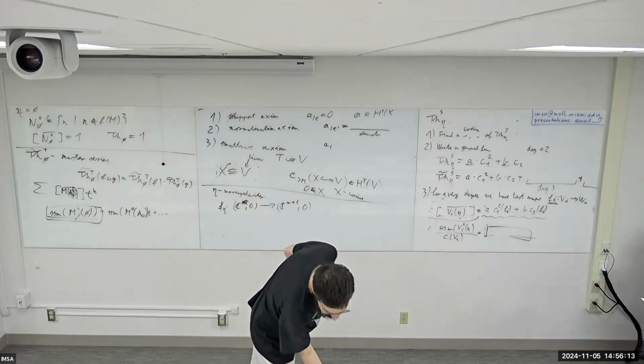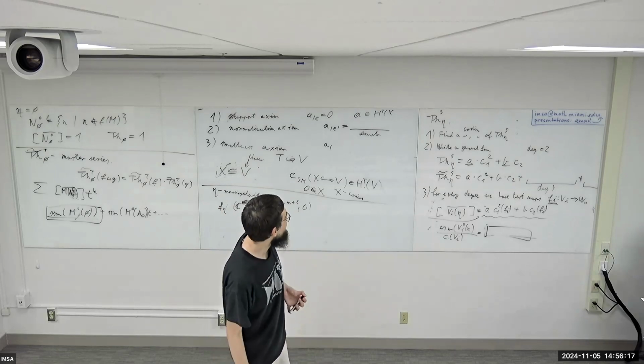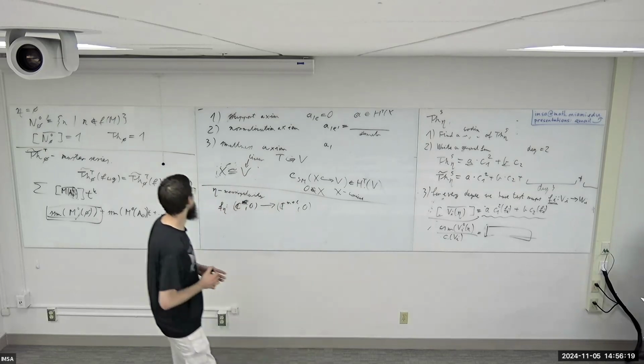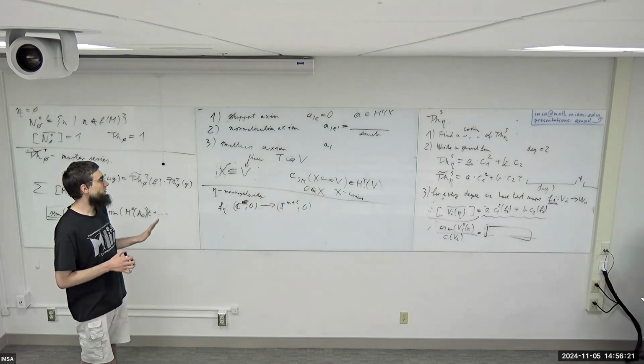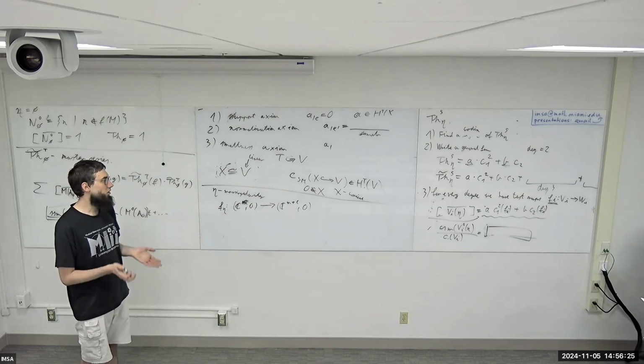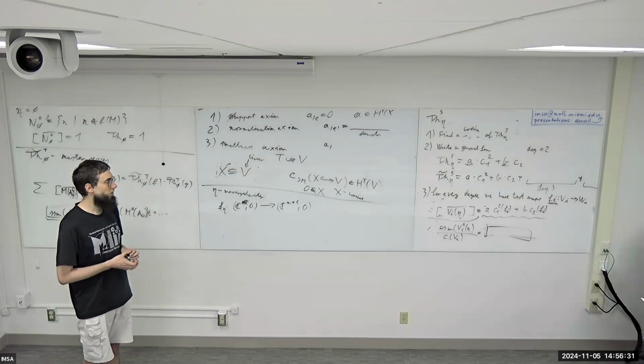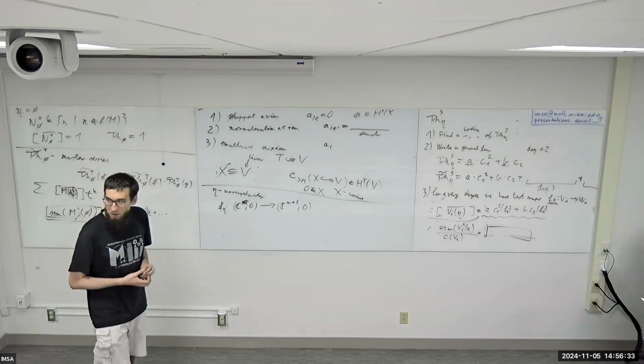Oh yes, I have 4 minutes. I presented you the formulas in the target. Kazarian has also formulas in the source, and we can also generalize those to the higher Thom polynomials, but I don't have time.